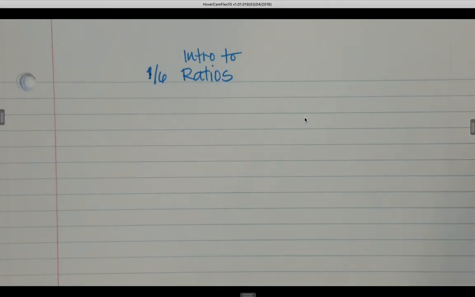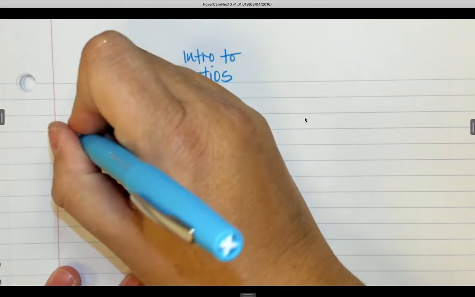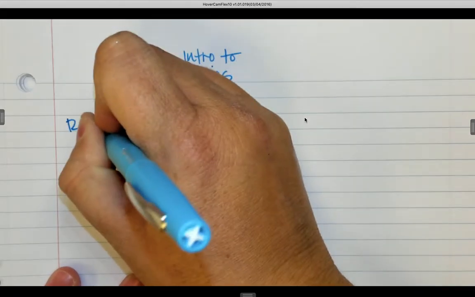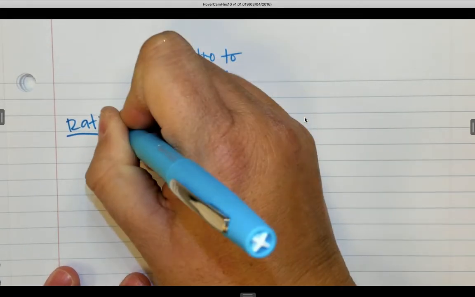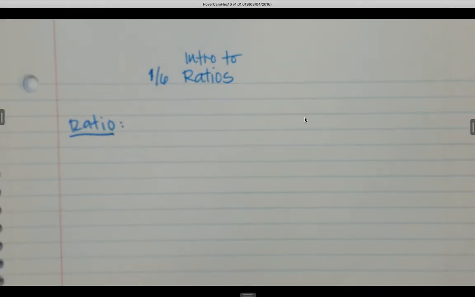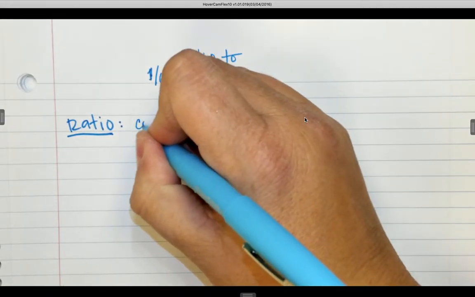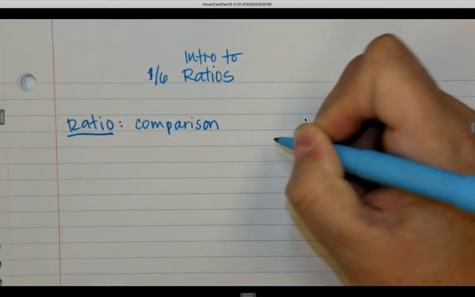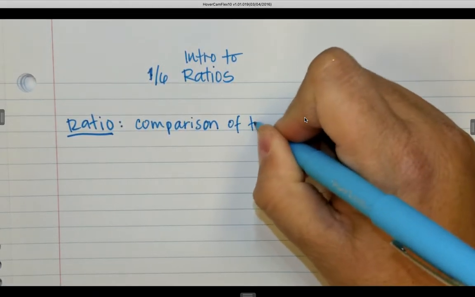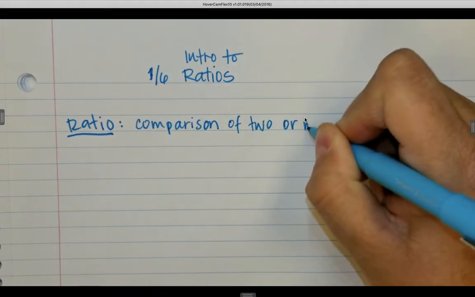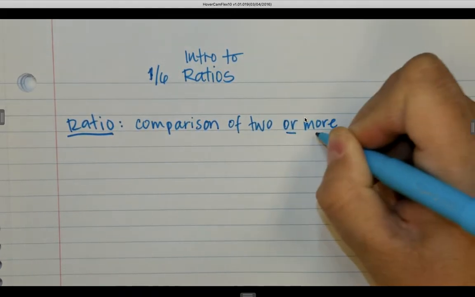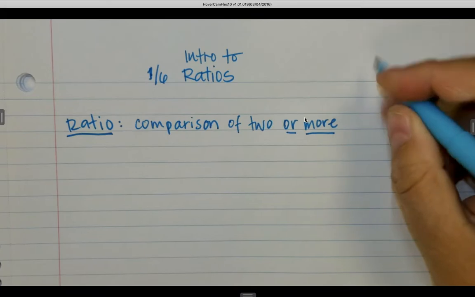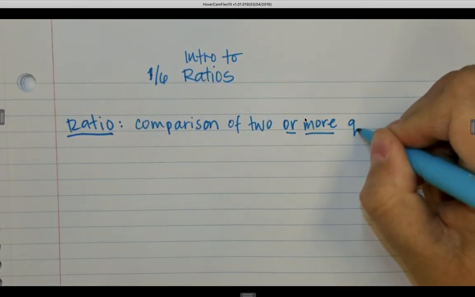I'm going to start with definitions. A ratio is a comparison of two or more, and that "or more" will be important later in our unit, quantities.